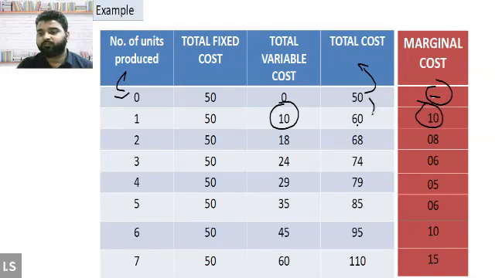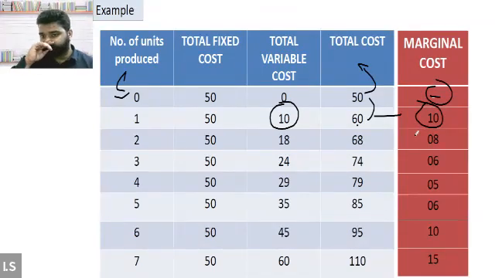So there is a change of 10 rupees, so marginal cost is 10. Otherwise it was also 10. As I told you, marginal cost will always be equal to variable cost at the first unit. Just keep this in mind.